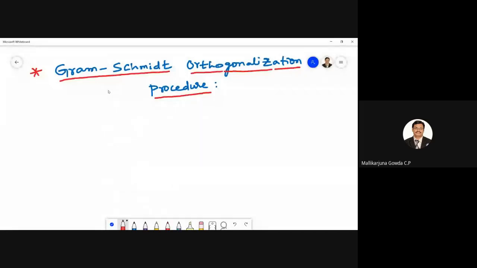So you need to be attentive and focused to understand what this procedure is, how we apply it to determine the basis functions, and how we can express the given signal energies in terms of basis functions.